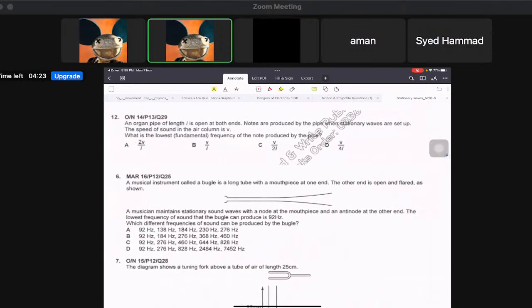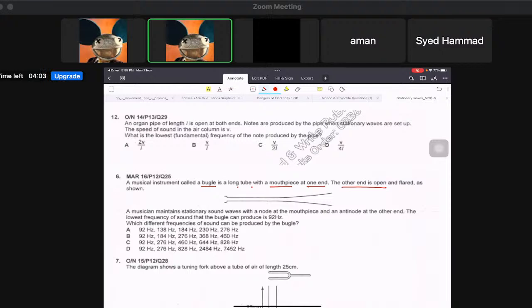Now, in this question, it says that a musical instrument bugle is a long tube with mouthpiece at one end. The other end is open. It means that this is one end closed and one end open. The moment you see this, you should recall the formulas that I've told you.